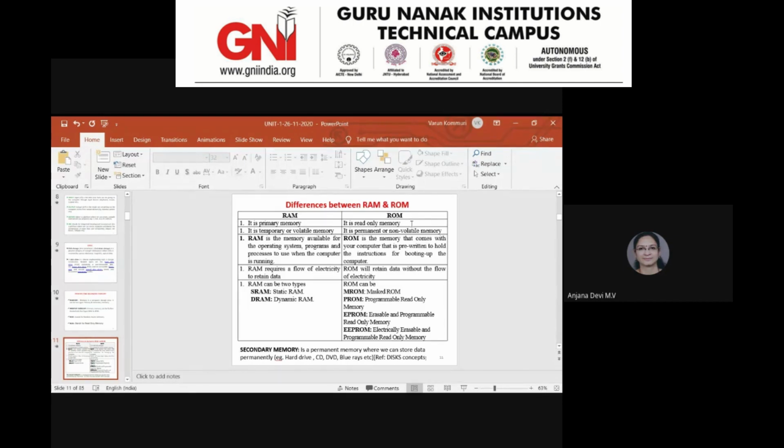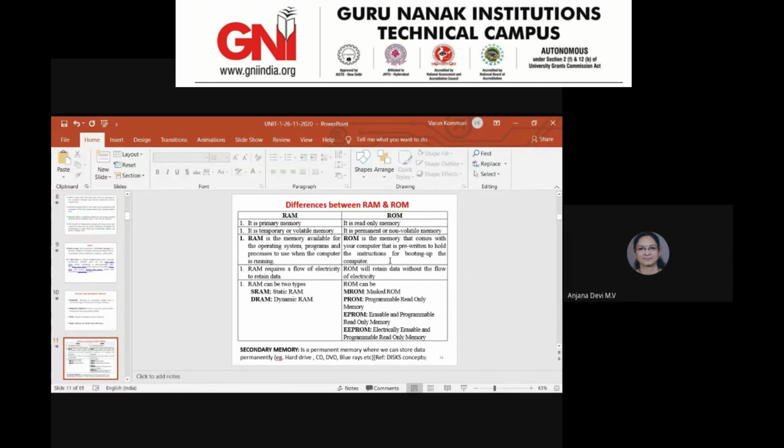What is the second difference? RAM is a temporary memory, or it is called volatile memory. But in case of ROM, it is a permanent memory and a non-volatile memory. And third, RAM is the memory available for the operating system, programs, and processes to use when the computer is running.